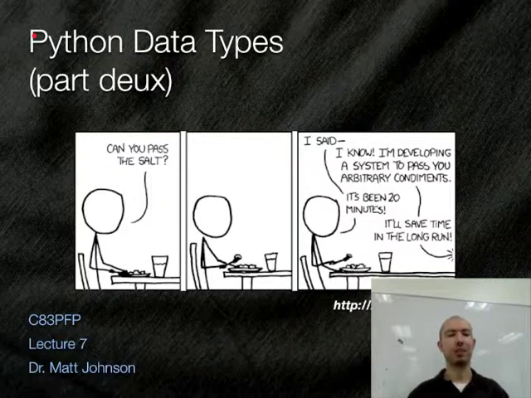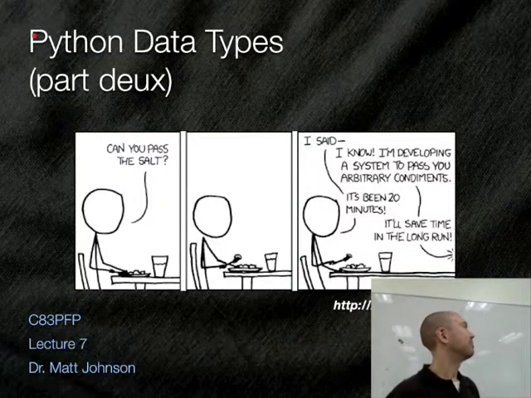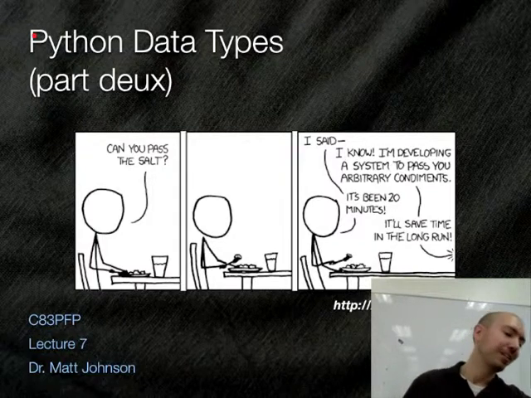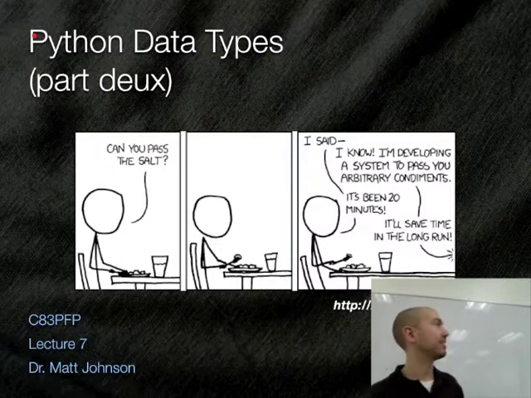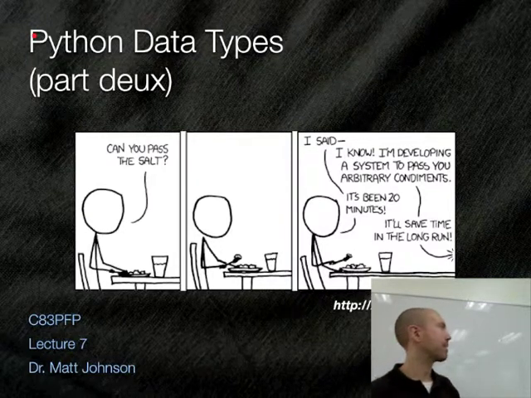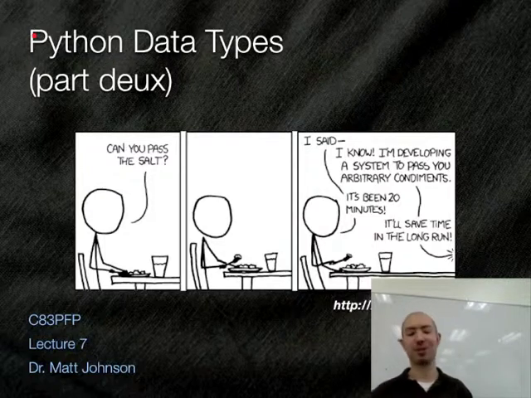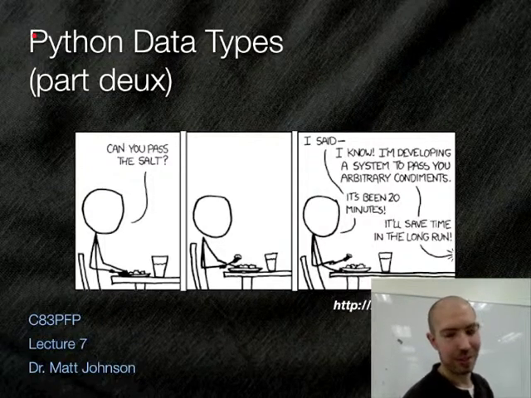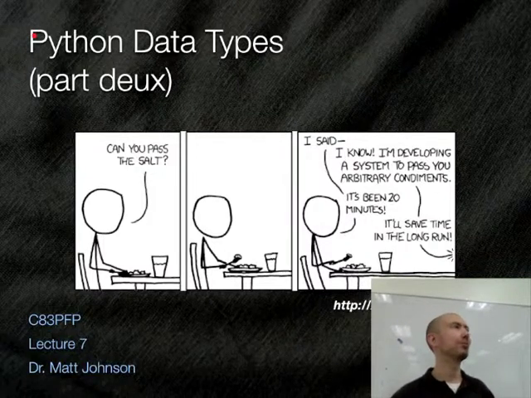So I just wanted to point out this comic briefly before we go on. I know this is not exactly a realistic example, but this is a very computer-programmery thing to do, to try to develop systems to do things that are relatively simple.